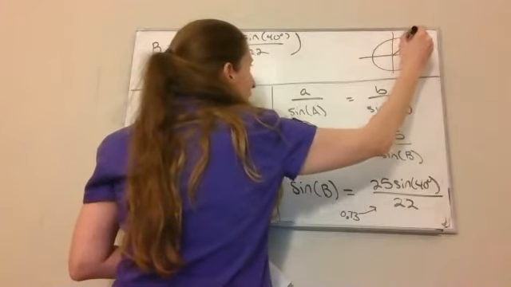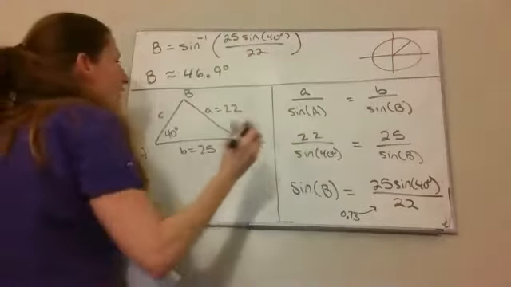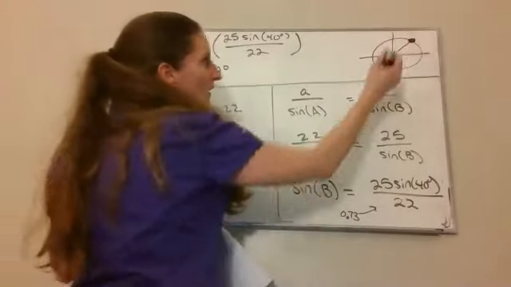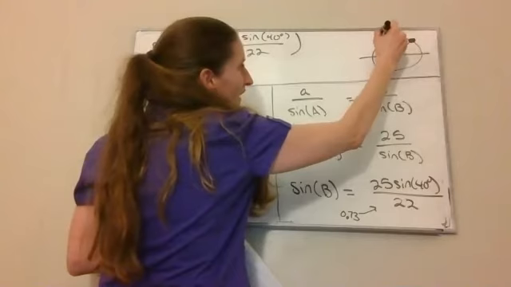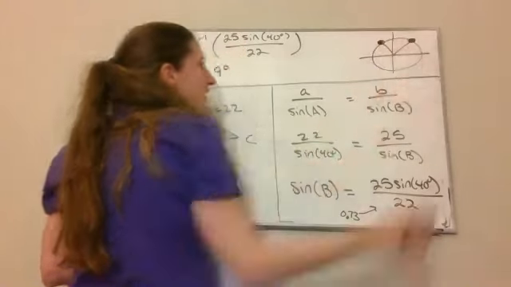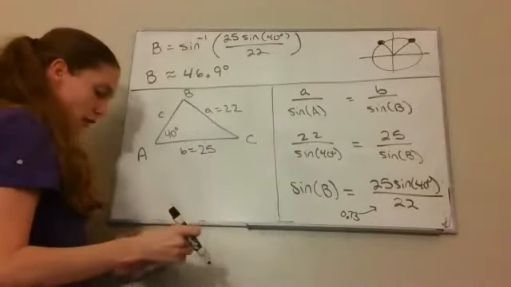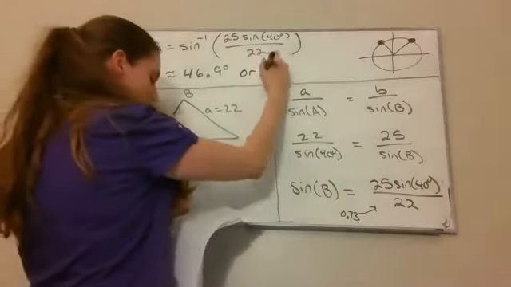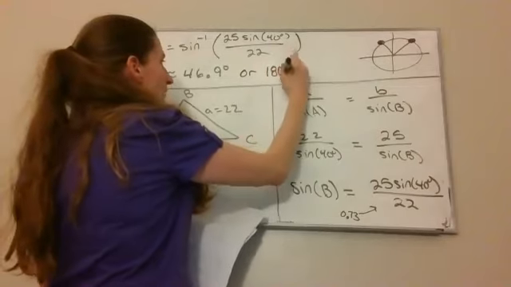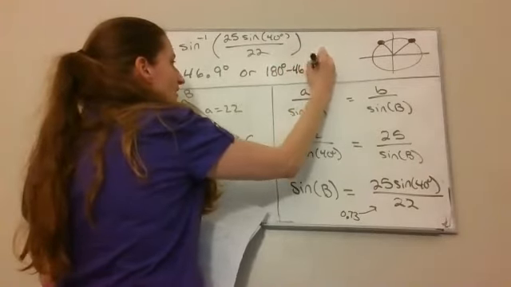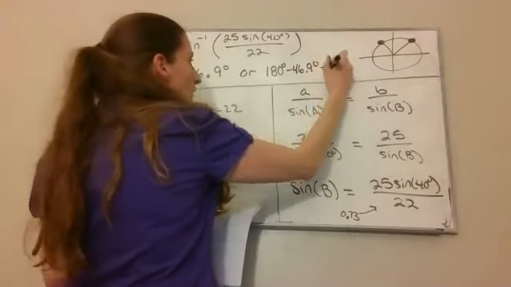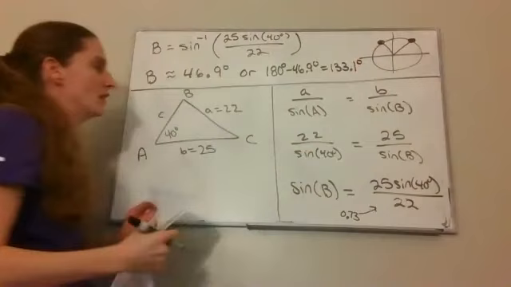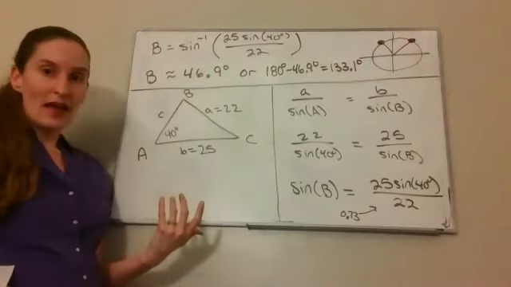We'll say 46.9 degrees is somewhere right around there. My sine is the y coordinate of that point. And over on this side, I have another y coordinate that is equal to that. What is that value? Well, that value is 180 degrees minus that 46.9 degrees, which is 133.1 degrees. Now, is that a possible value?